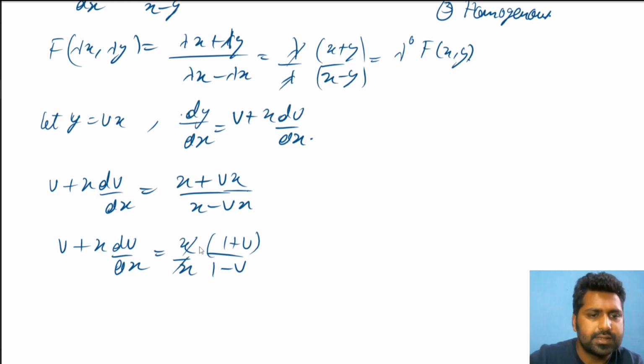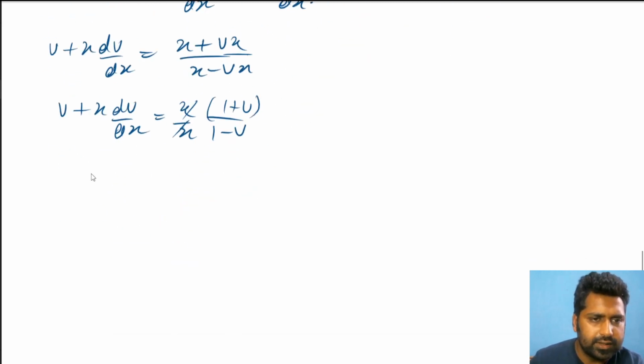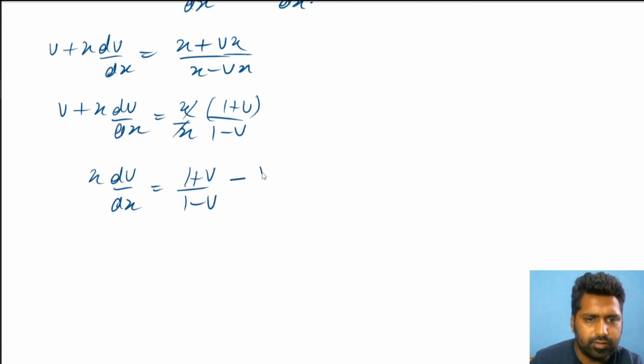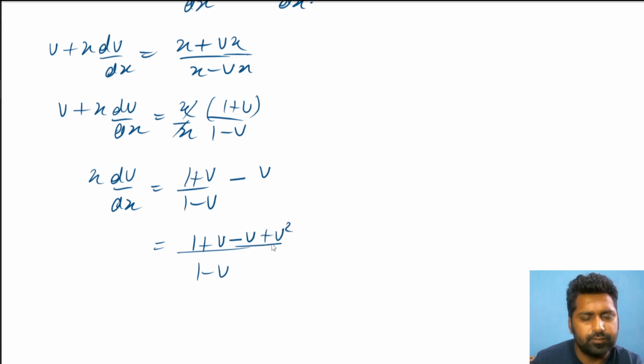This again cancels. Now take this v on the other side, x dv by dx equals 1 plus v upon 1 minus v, and then subtract v from it. So LCM 1 minus v, 1 plus v minus v plus v square. That's x dv by dx.